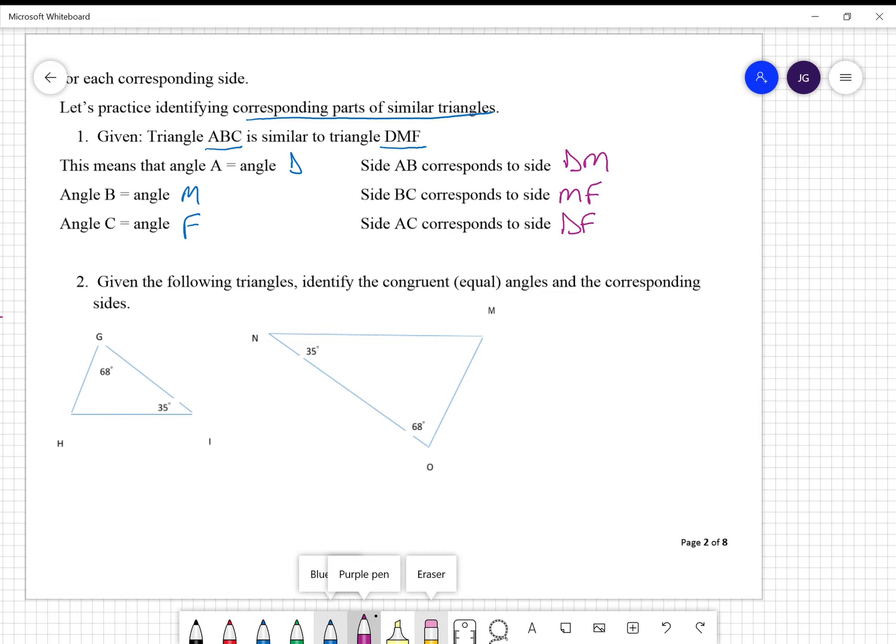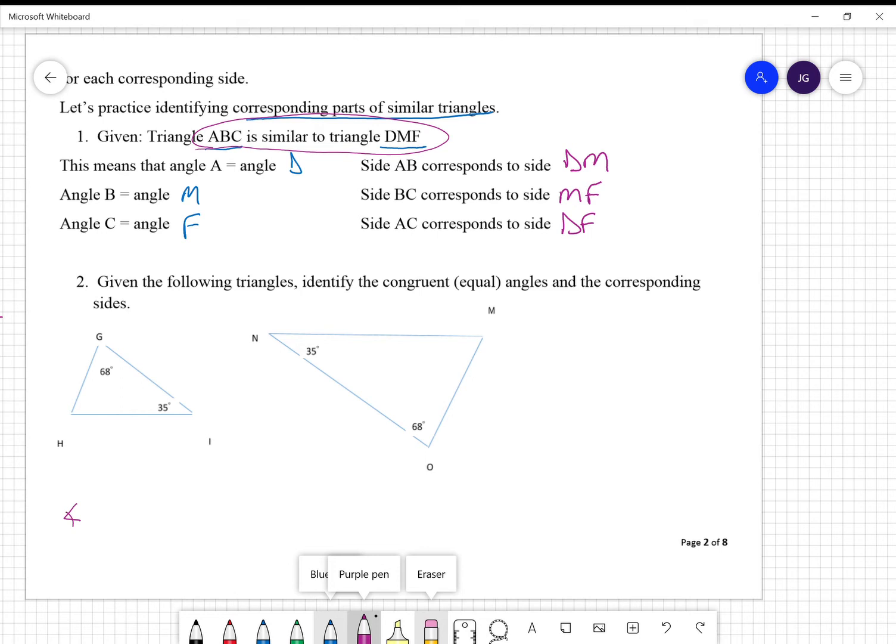Given the following triangles, identify the congruent, the equal angles, and the corresponding sides. So I've got GHI and MNO. Now you don't have this information, but you do have some information.